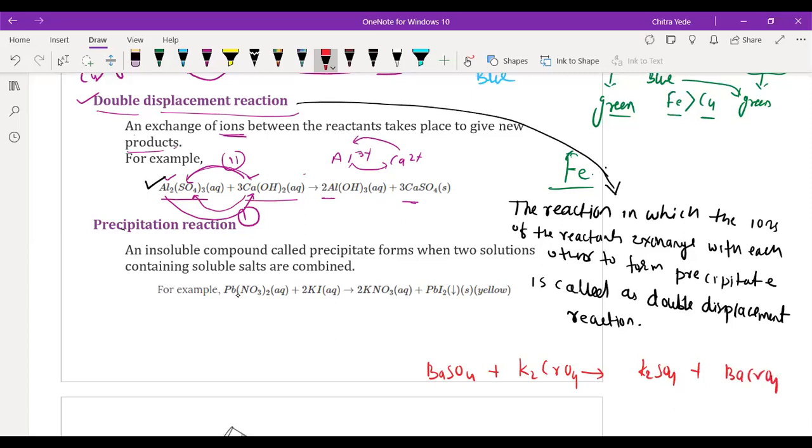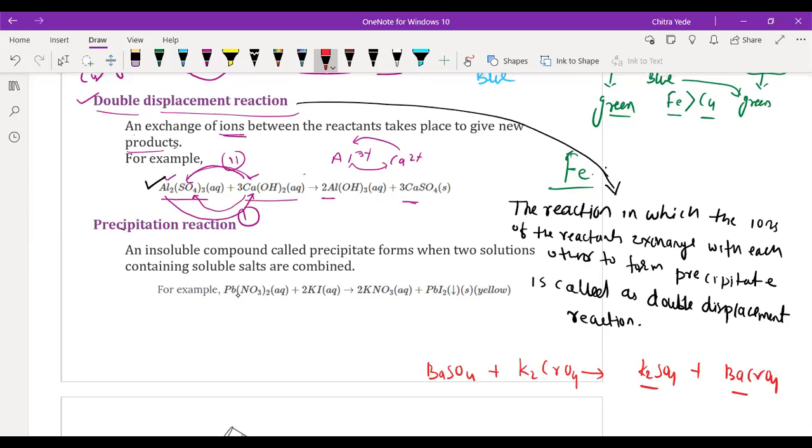So here exchange of ions takes place between the reactants to form the new products, which is called a double displacement reaction. Understood? You can write one more example also.